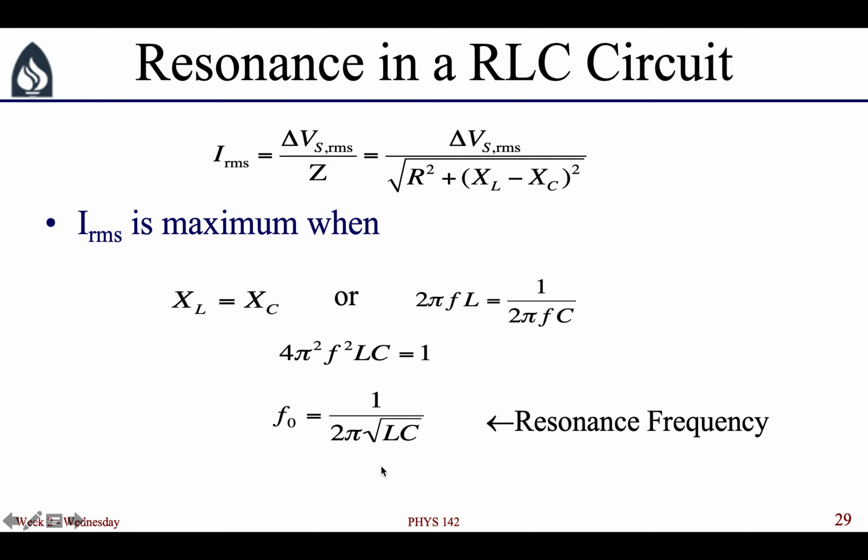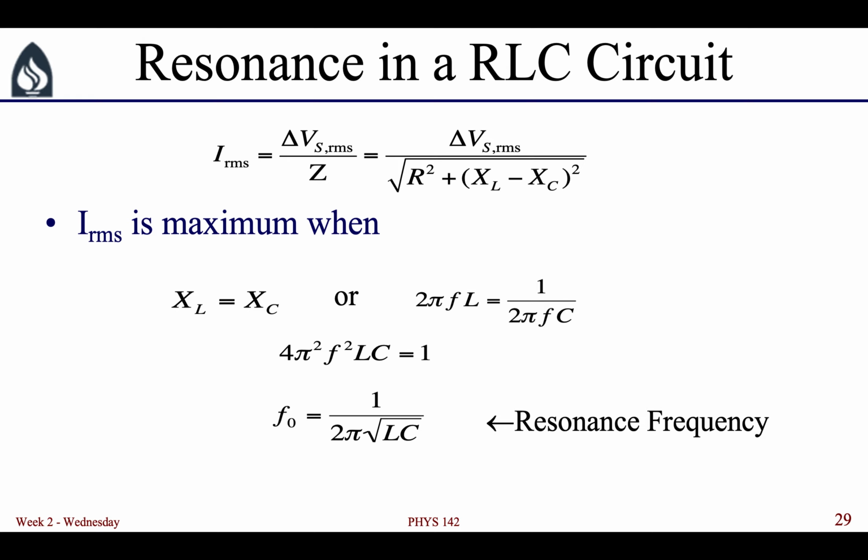This is actually used in radio tuners, in some kinds of radios. You can have an inductor, for example, that you can change the length of, and by changing the length you can control the inductance of the inductor and tune it to hit a certain resonance frequency.